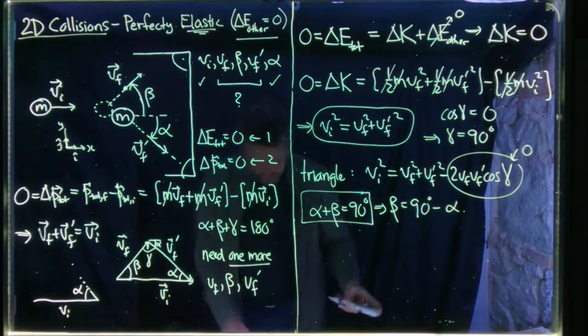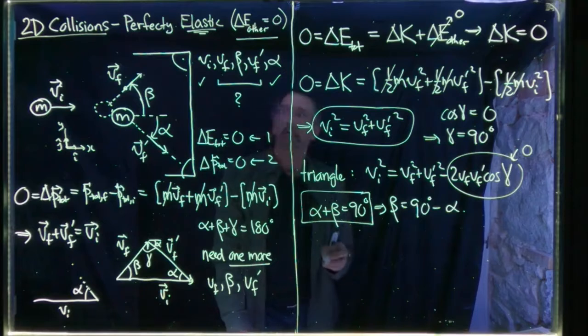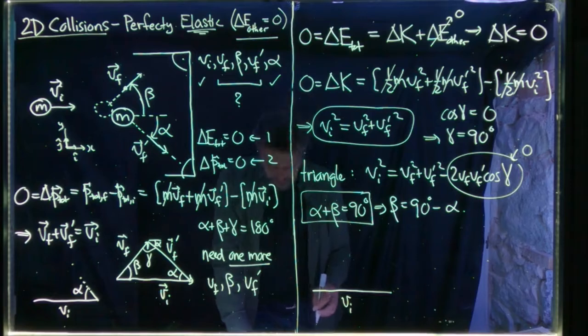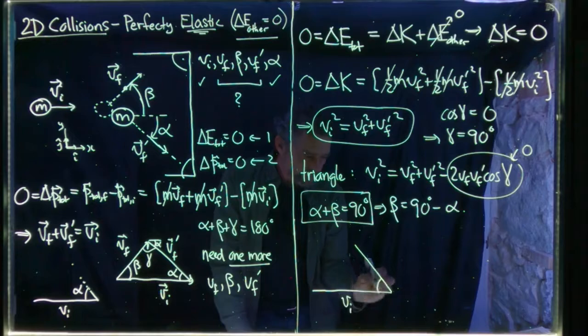Okay? And so then when we look at our triangle here, our triangle looks like this. The base of it is of known magnitude, length V initial. There's an angle here, alpha, which is known. And these side lengths are such that this is exactly 90 degrees.